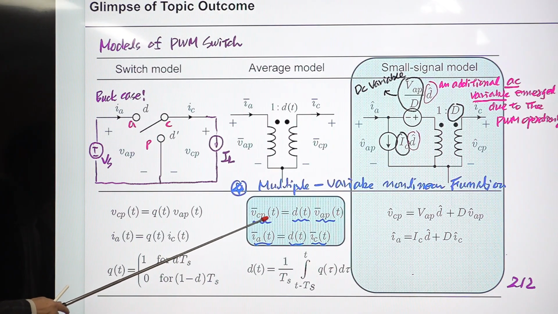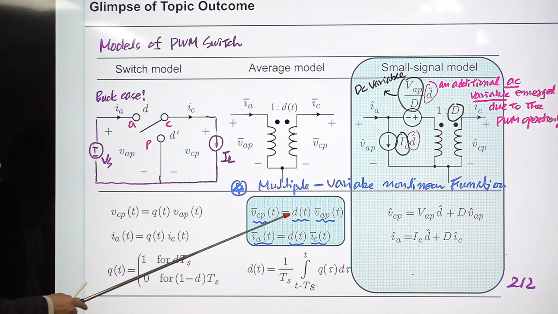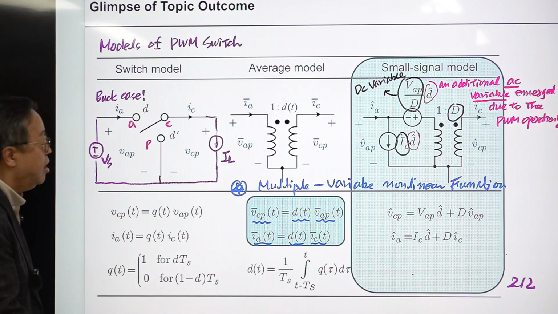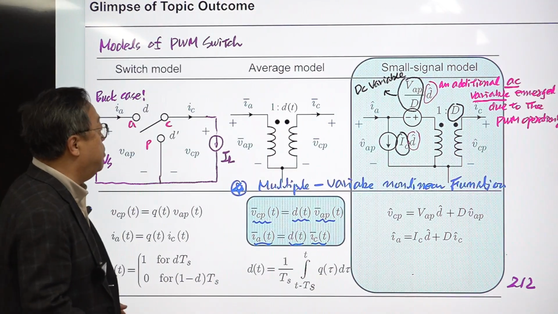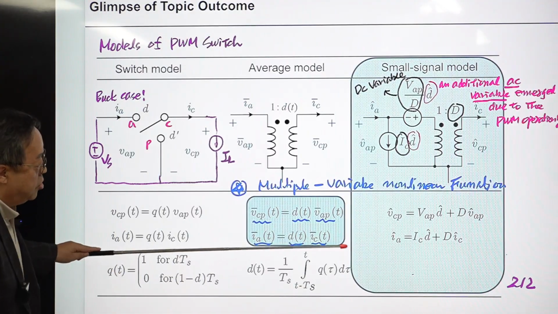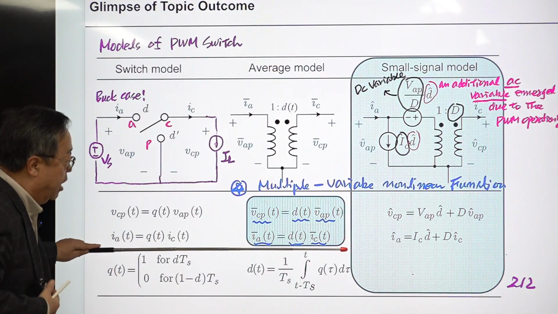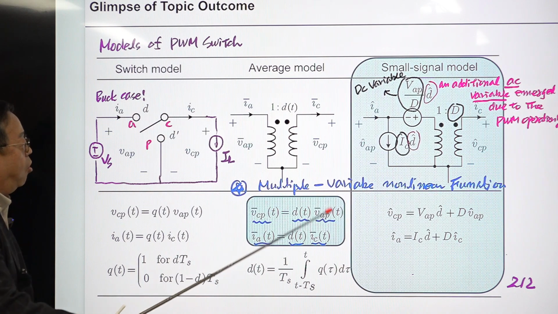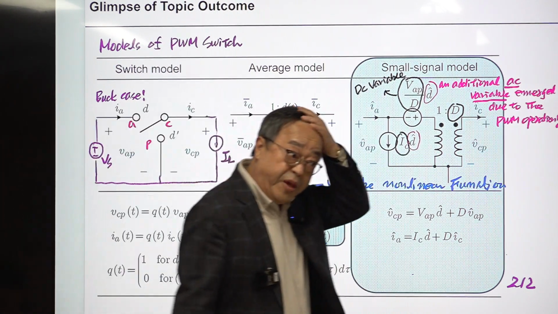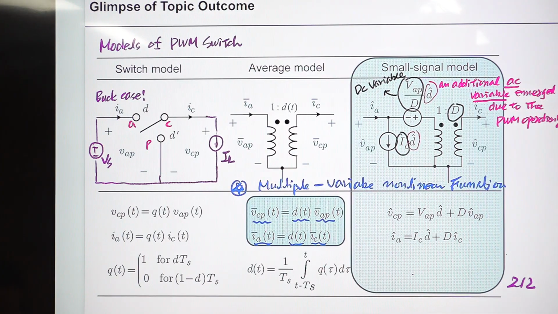VCP as a time varying variable is the multiplication of dt and VAPT, which are both time varying variables. So this is a nonlinear relationship, and we have another relationship here, which is the definition of the continuous duty ratio. This is the moving average of the switch function evaluated with a window length of one time period, and the window is sliding all the time.